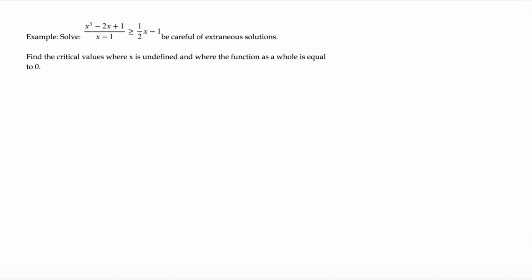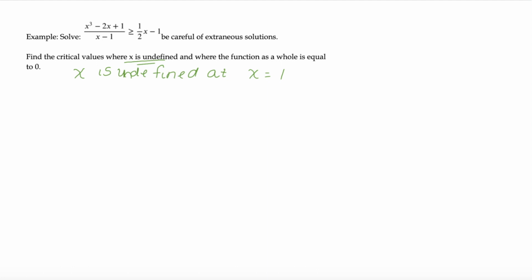Further, to find the critical values where x is undefined and where the function as a whole is equal to 0. We already know where x is undefined, so x is undefined at x is equal to 1.